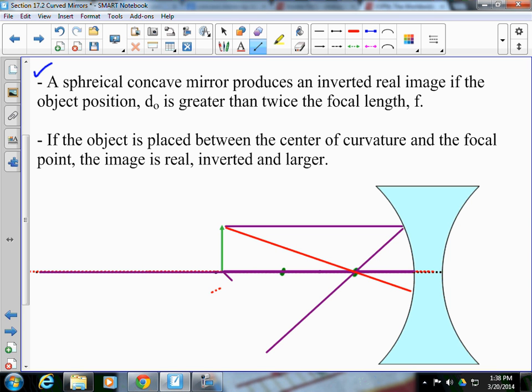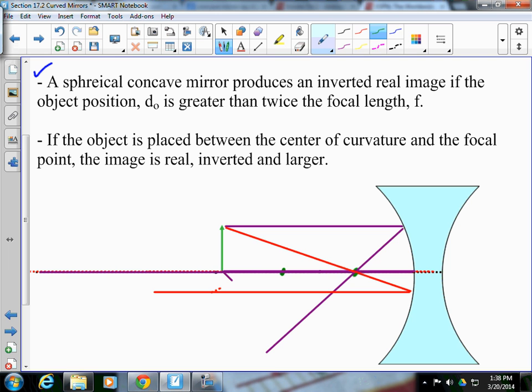When it goes through the focal point, it's going to hit the mirror and it's going to come straight out. Where do our 2 lines meet? The top, they meet right here. So our arrow is going to look like this.